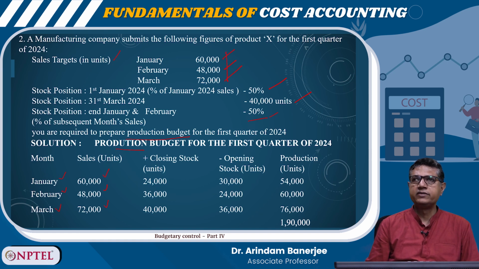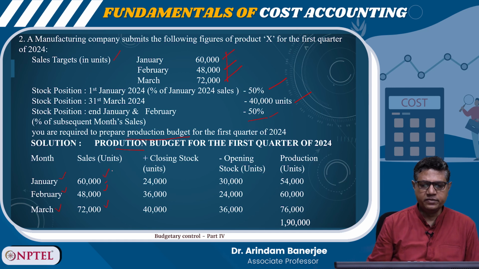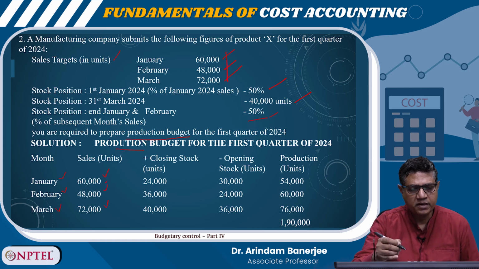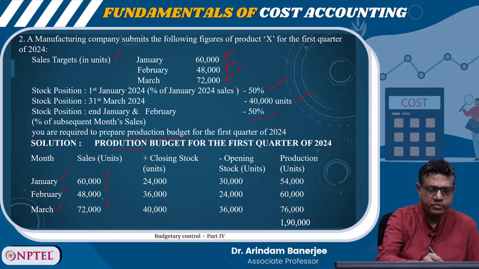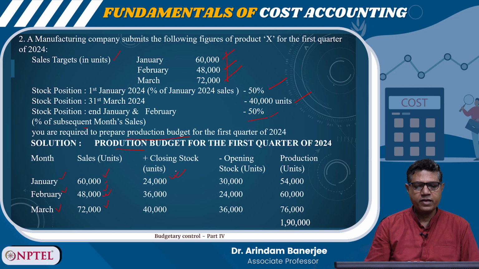The stock position on 1st January is 50% of January 2024 sales, so it is 50% of 60,000, which is 30,000. The closing stock in January is 50% of the subsequent month's sales. In the subsequent month it is 48,000, so 50% of 48,000 is 24,000.